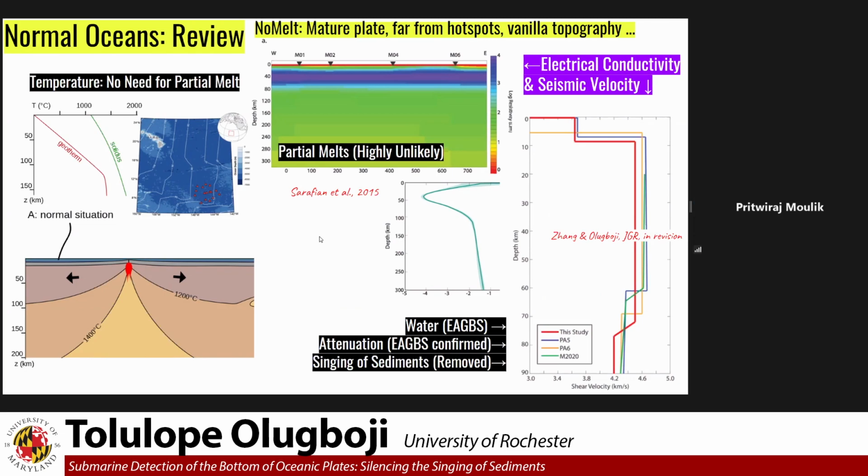Okay, so I have one more question on interpretation. Your definition of the boundary where elastically accommodated grain boundary sliding will be an effect is driven primarily by the geotherm.